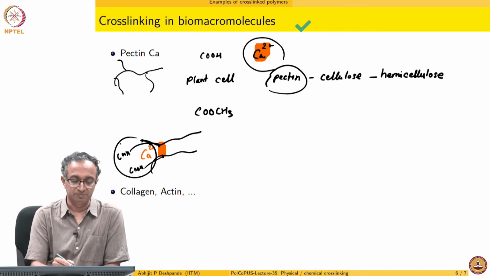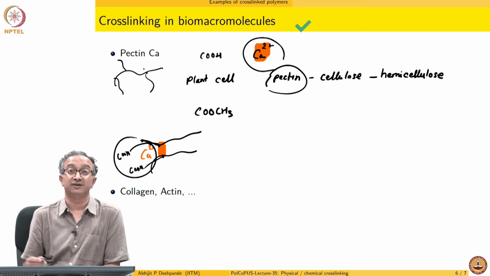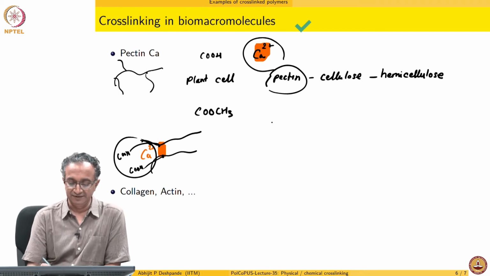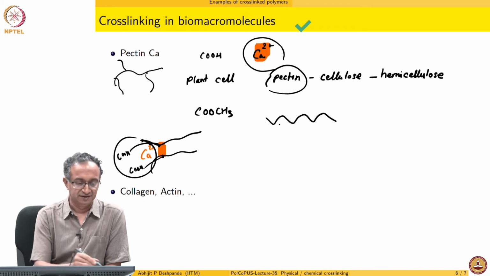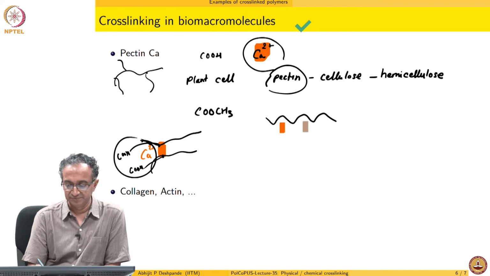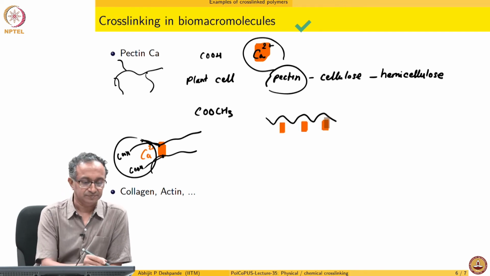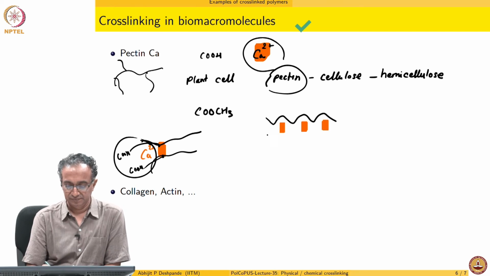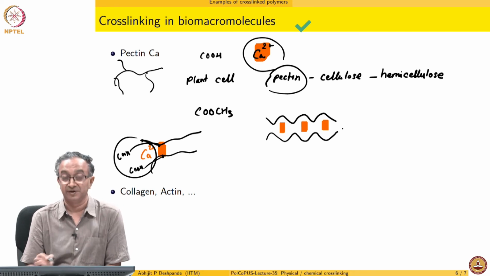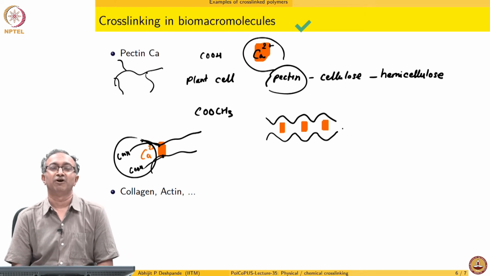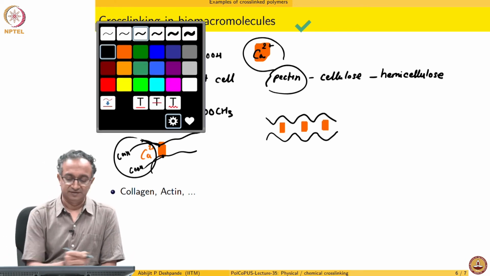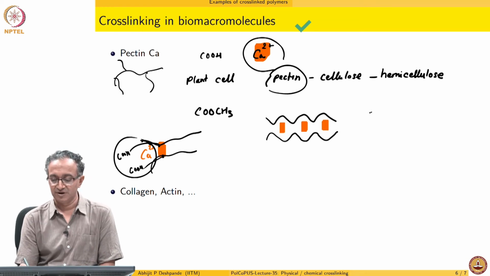But what happens based on the COOH groups located on the pectin chain is a very interesting formation, which is like this, where there is a pectin chain and then there is calcium. And I don't know if you can think of what this reminds you of. This is called an egg box cross-link.